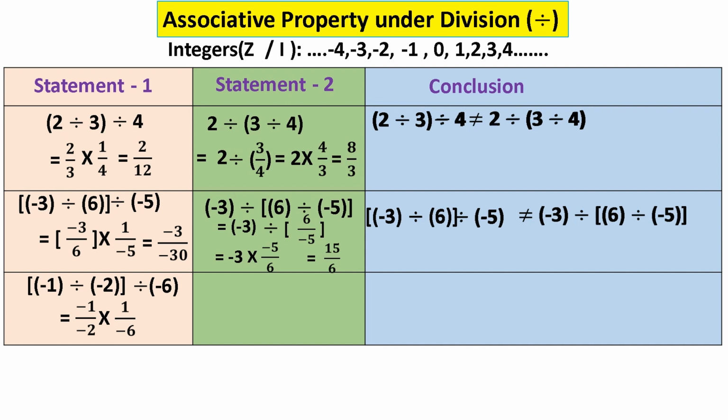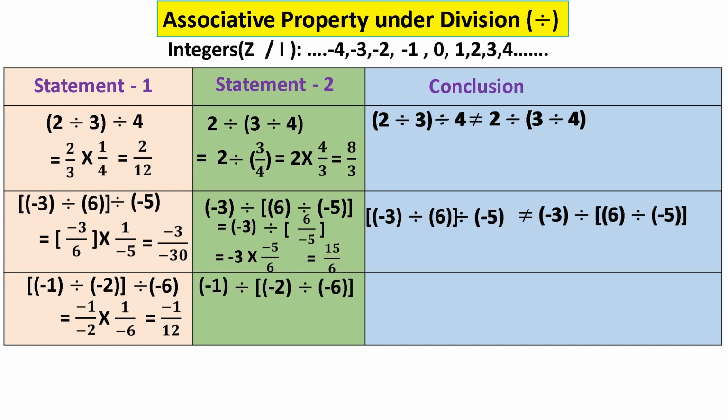In the process of division, it becomes multiplication: minus 1 by minus 2 into the reciprocal of minus 6, which is 1 by minus 6. So we will get minus 1 by minus 12.